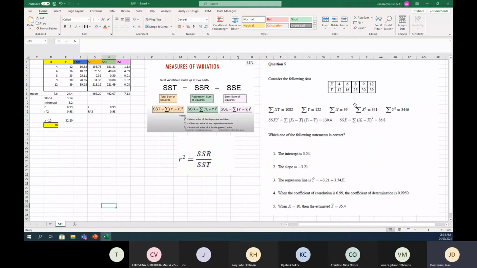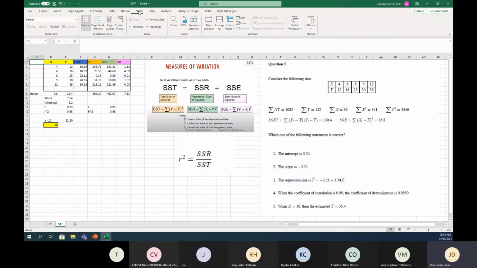So what I did is I took a previous question that we've done in one of the previous study units. If you look at this information, let me make this bigger as well. I've incorporated a few extra formulas for you.